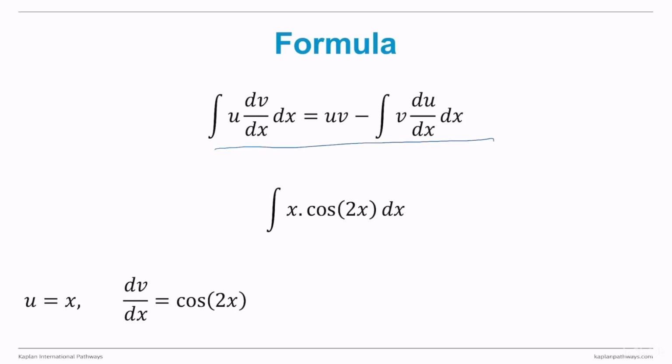This is the u, and this is dv. So let u equals x, dv over dx is cosine 2x. Now, to find du, we need to differentiate x, and to find v, we need to integrate dv over dx.